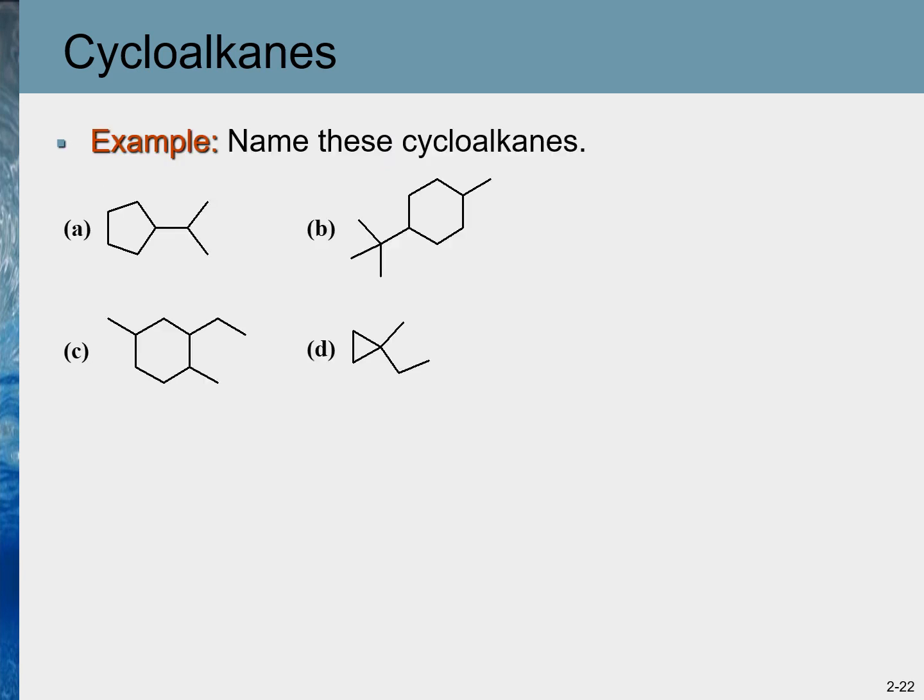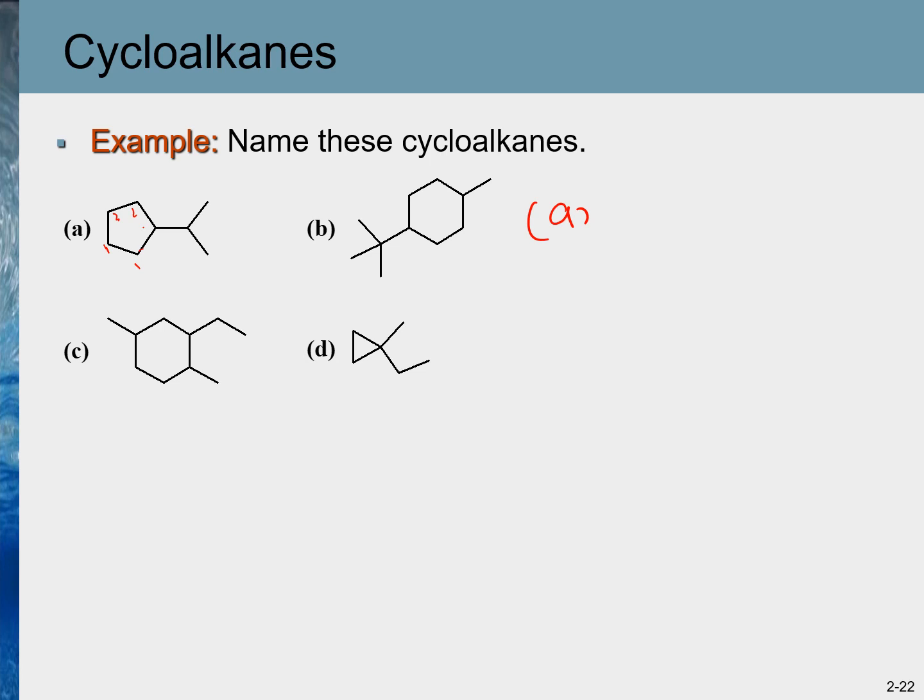Let's practice some of the nomenclature problems in the case of cycloalkanes. In the case of A, first we need to identify the parent cycloalkane. In this case we have a 5-membered ring, so 1, 2, 3, 4, 5.